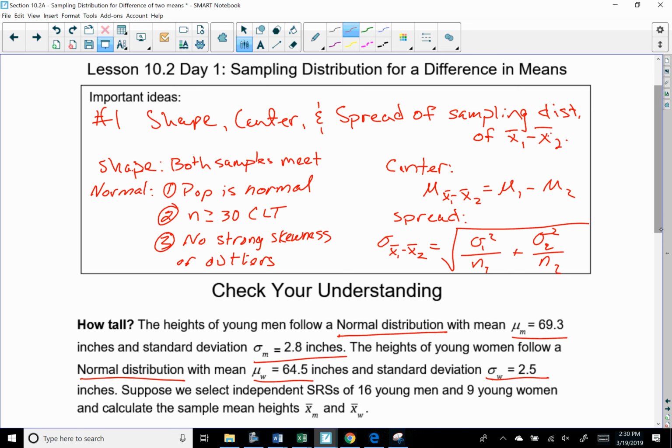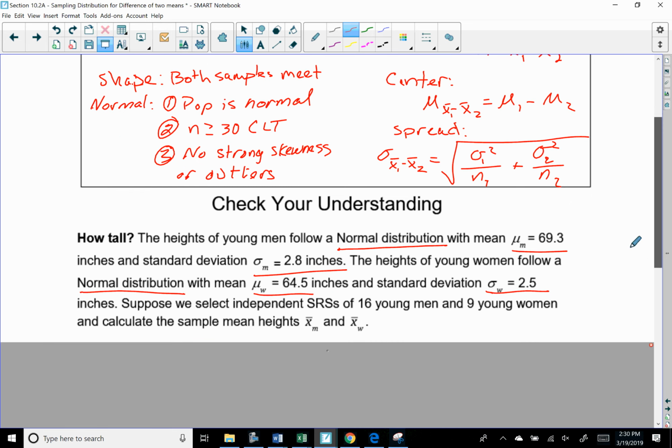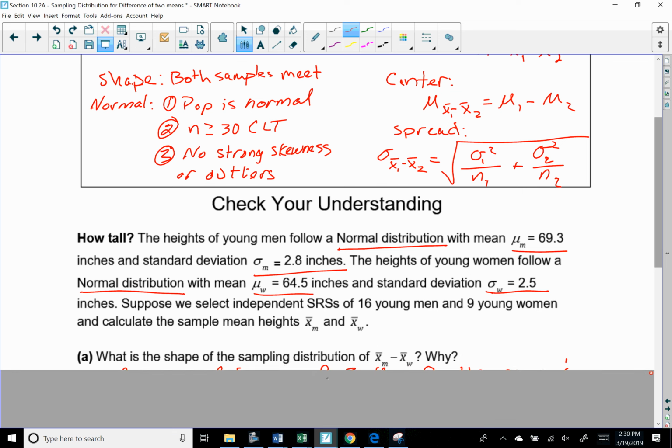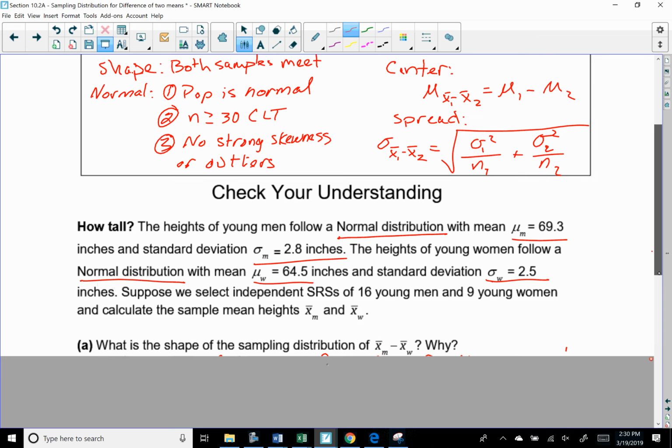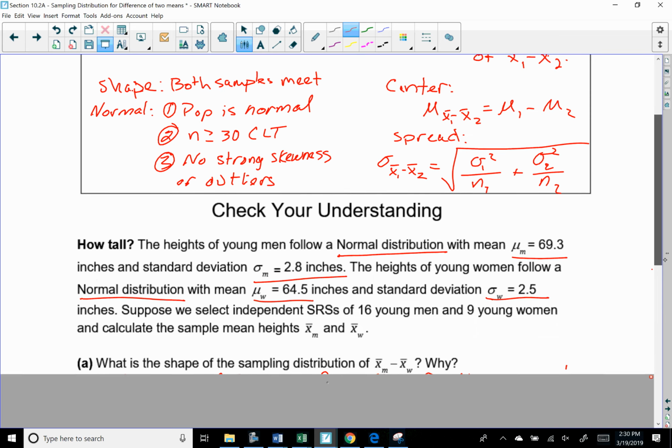So what is the shape of the sampling distribution of x bar for males minus x bar for females, and why? Well, we just set it up here, right?